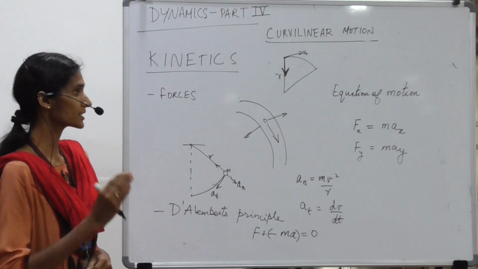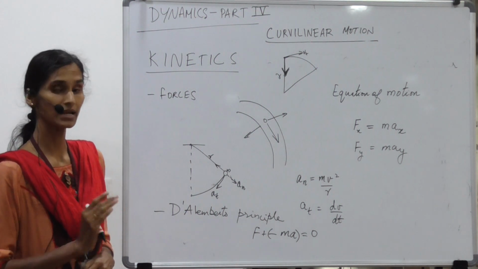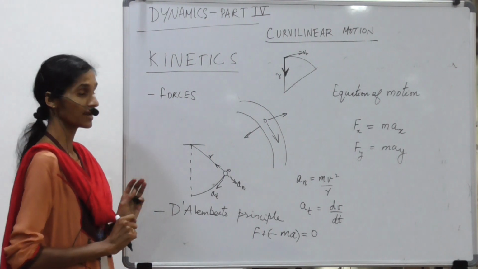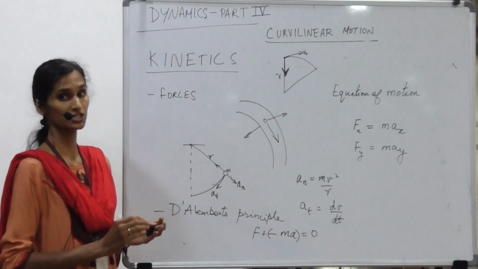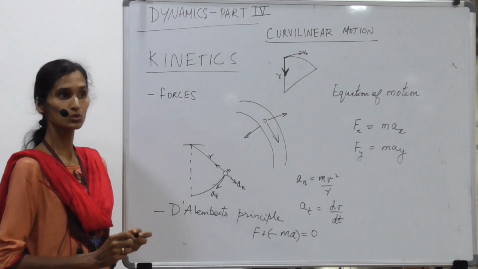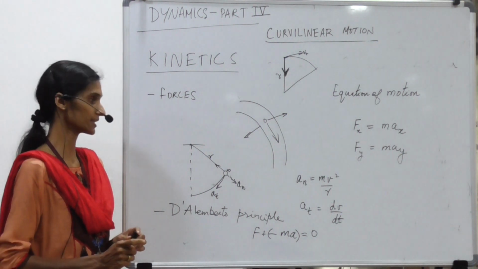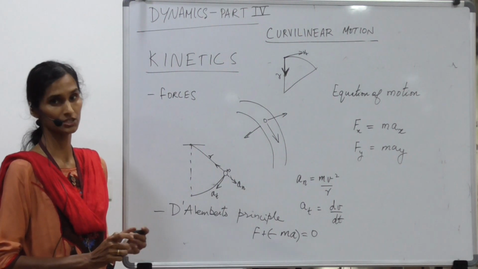Now, forces corresponding to these accelerations would simply be F is equal to ma as per Newton's second law. Because we have both the normal direction and the tangential direction, we have two forces, one in the normal direction and one in the tangential direction, which will be given by their corresponding accelerations.